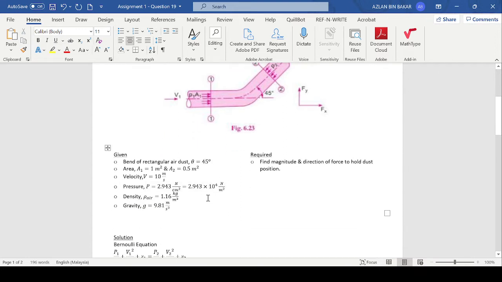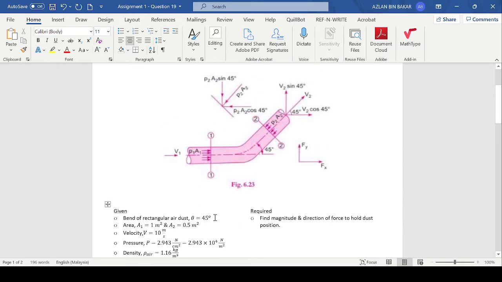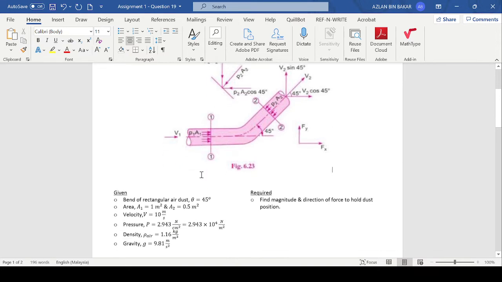The given is the bend of rectangular air duct, with an angle of 45 degree, two different areas, which are 1 meter square and 0.5 meter square, a velocity of 10 meter per second, a pressure of 2.943 Newton per centimeter square, and a density of air of 1.16 kilogram per meter cube.